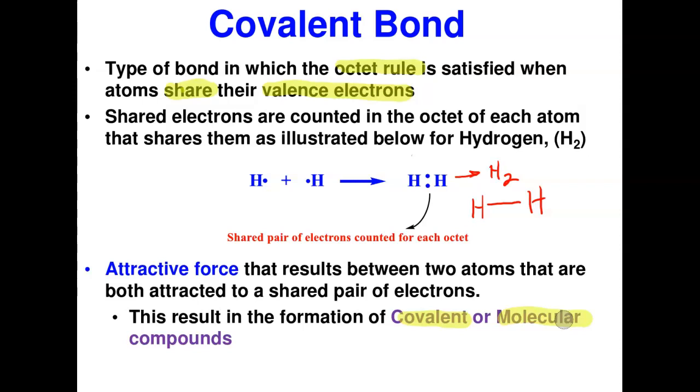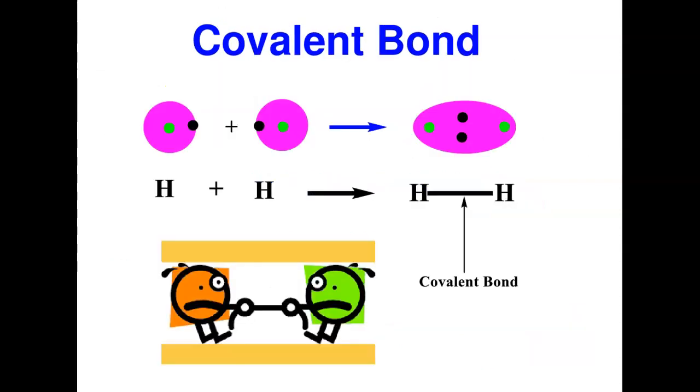However, this type of bond only occurs between 2 non-metals, whereas the ionic compound occurs between a metal and a non-metal.